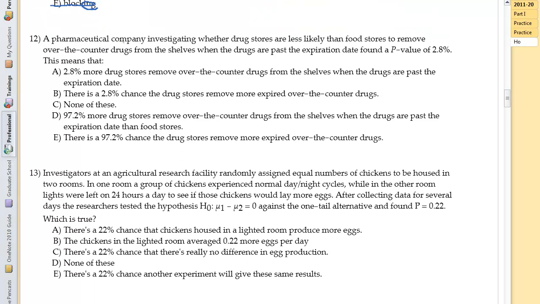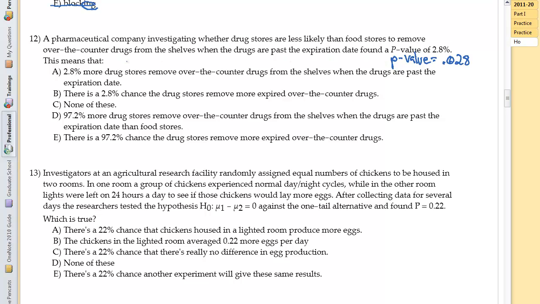A pharmaceutical company investigating whether drugstores are less likely than food stores to remove over-the-counter drugs from the shelves when the drugs are past the expiration date found a p-value of, well, I would rather report p not as a percentage, but as an actual probability. Now, do we remember what p-value means?